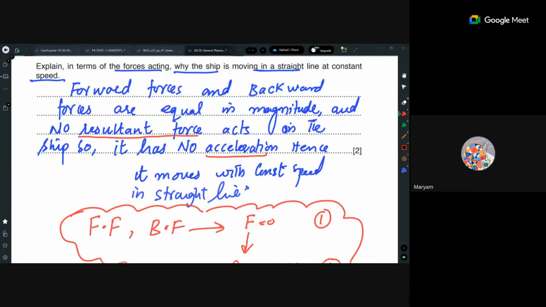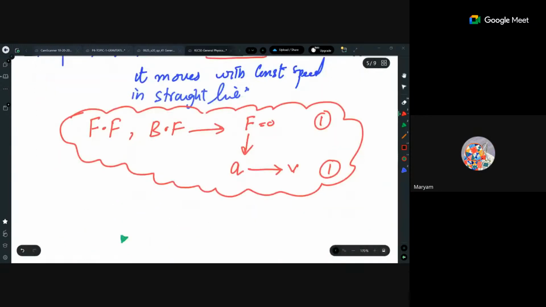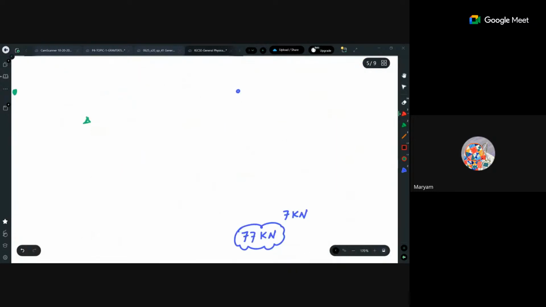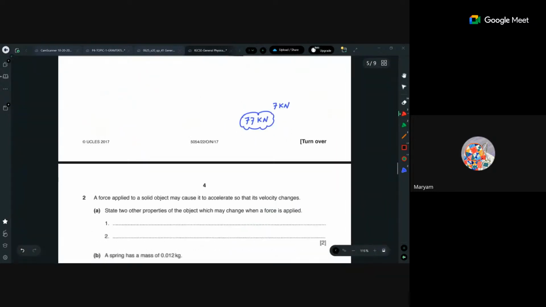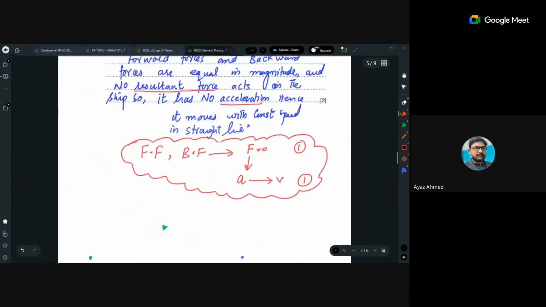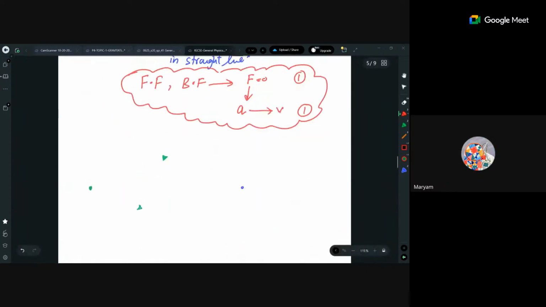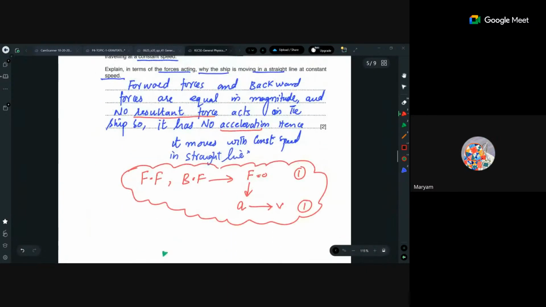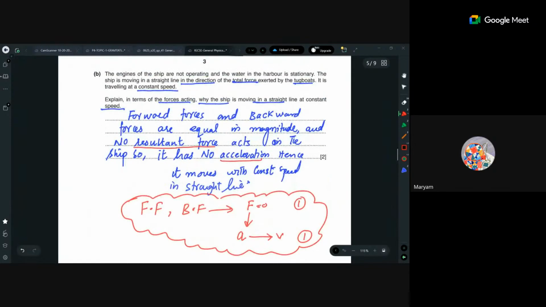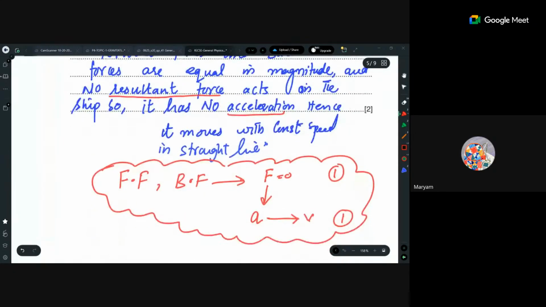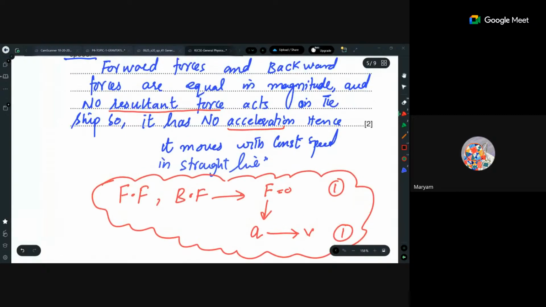So, but like I knew that there's no resultant force, but I didn't know that I had to mention that. I mean, when I was writing the answer, I knew that when both of the forces are balanced, there is no resultant force. I knew that, but I didn't know that I had to mention that also.